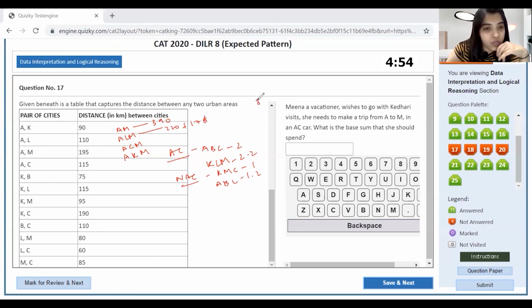Let's just confirm. ALM 22. Right, 6, 396. Fine.